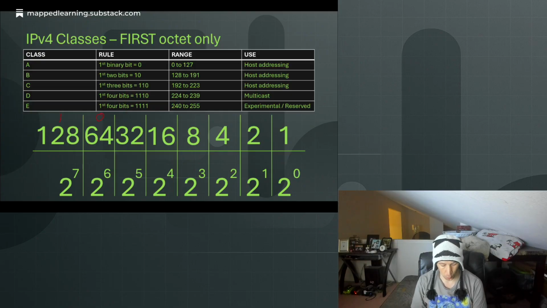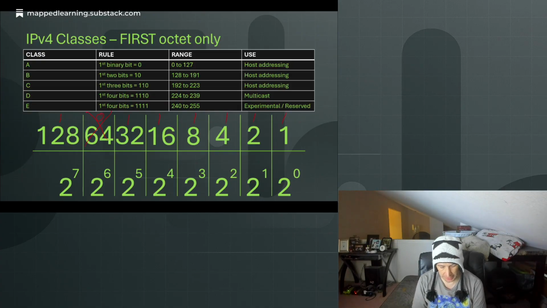Then if we take 1, 0, 1, 1, 1, 1, 1, 1, since the 1 and the 0 are locked, and add all of these numbers together, 128 through 1, not including the 64, that would be 191. So if the first octet is anywhere between 128 and 191, then it belongs to Class B.